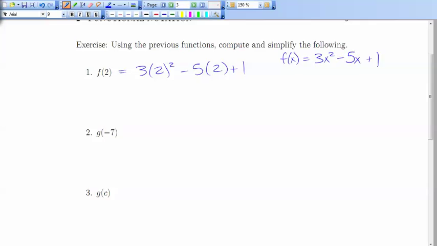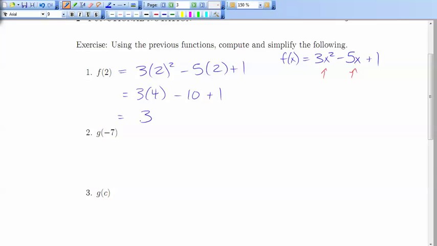So everywhere I see an x here, there, I'll replace it with a 2 in brackets. And then I end up with an expression that I can calculate. I just need to remember my order of operations. So we have 12 minus 10 plus 1, that's 3.